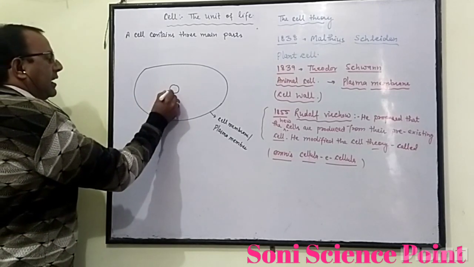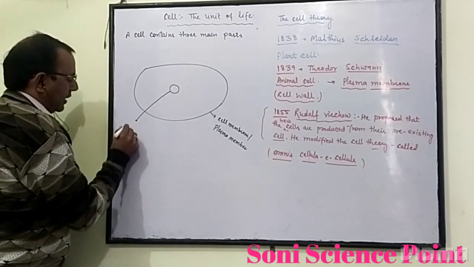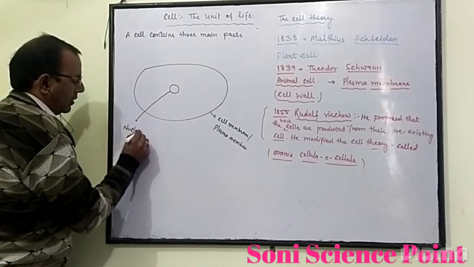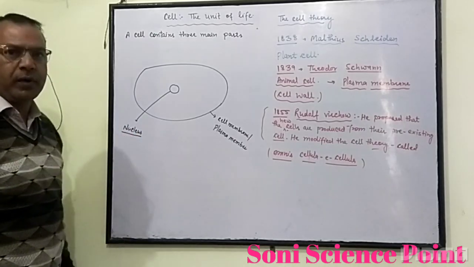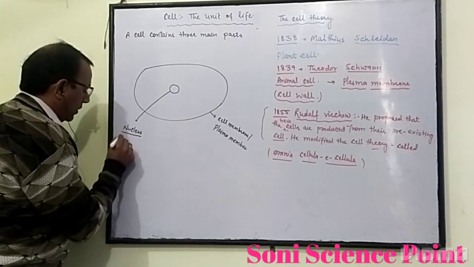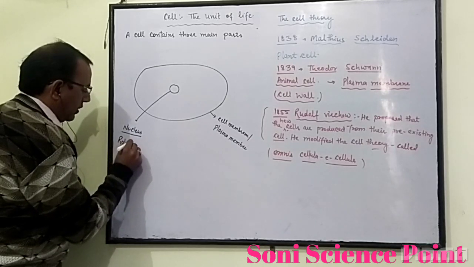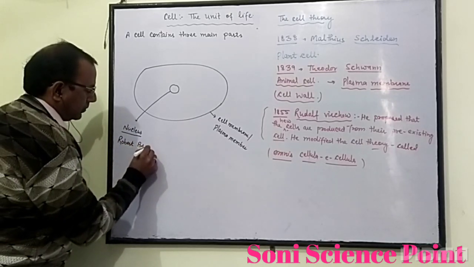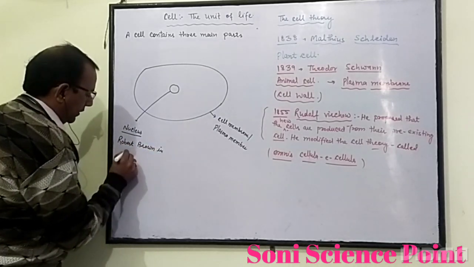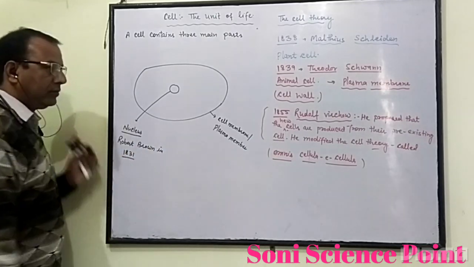Just inside the cell is a spherical structure which is called the nucleus. The nucleus was discovered by Robert Brown in 1831.